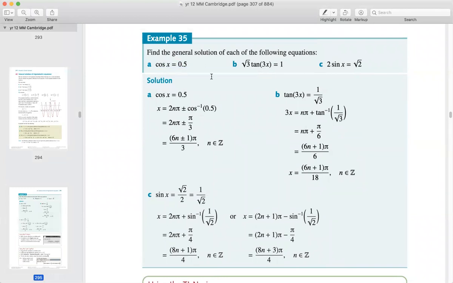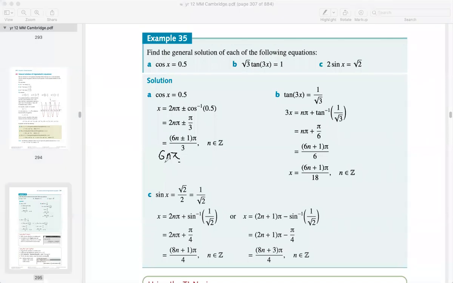Cos x equals 0.5. Of course, you're going to see, okay, this is really fancy writing. They write 6n pi over 3 plus or minus pi over 3, like this one.